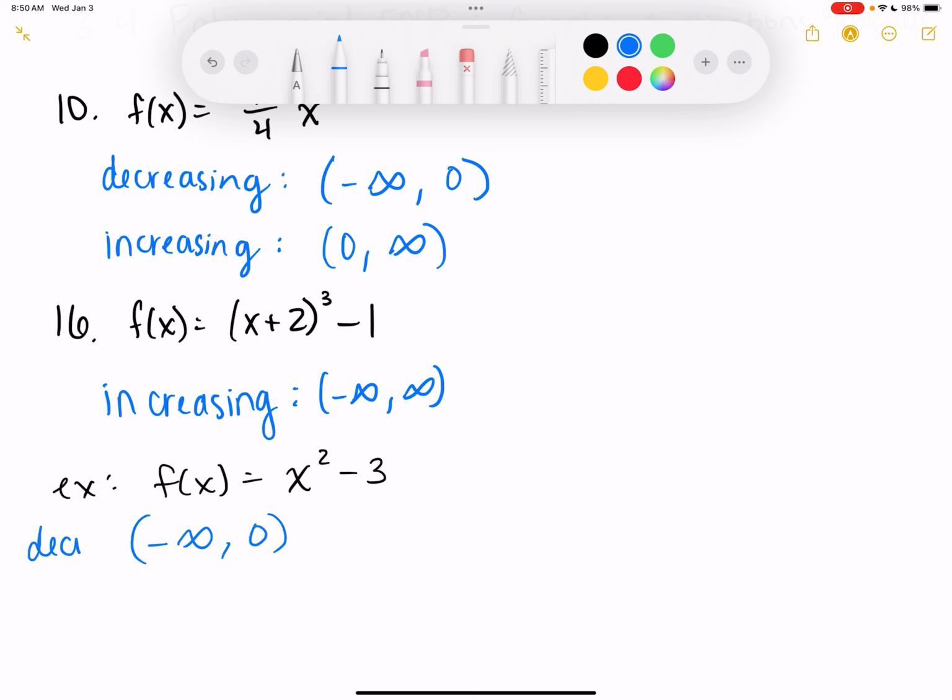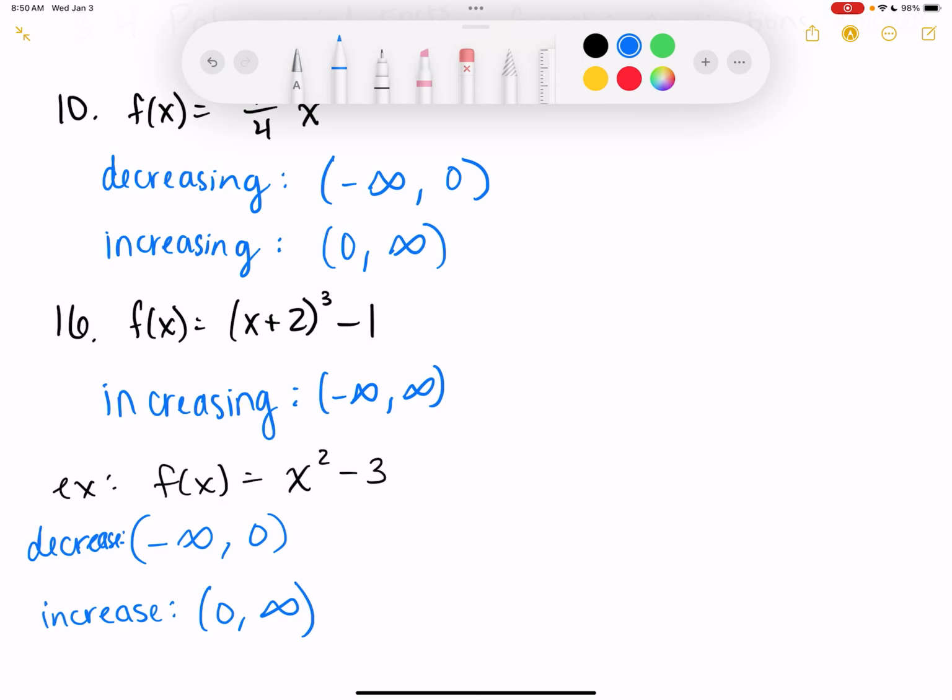And then increasing from 0 to infinity, because it just keeps going like that.